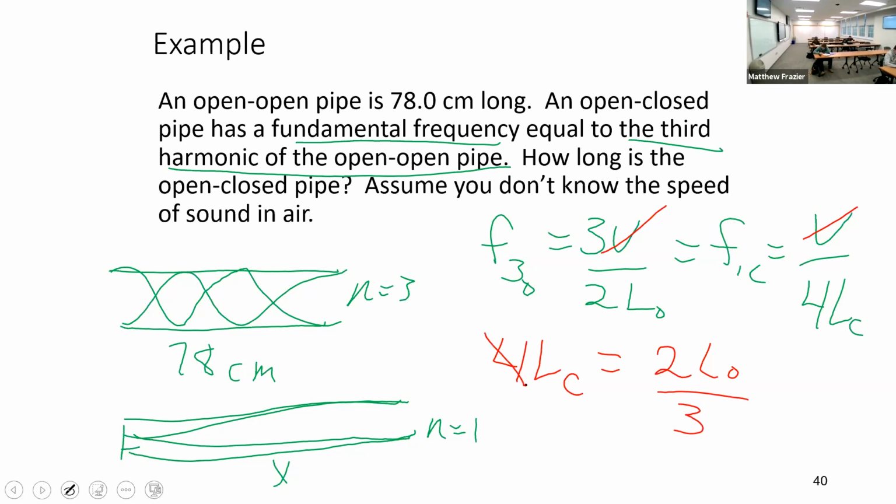We divide by 4, and so the closed pipe is the open pipe length divided by 6. So 78 divided by 6 is 13 centimeters.